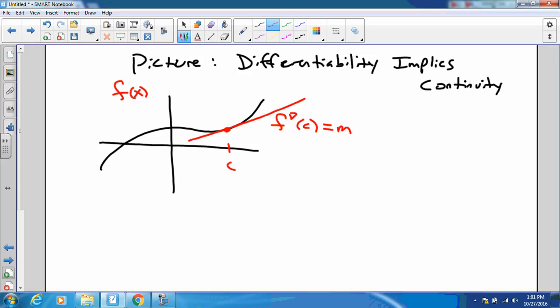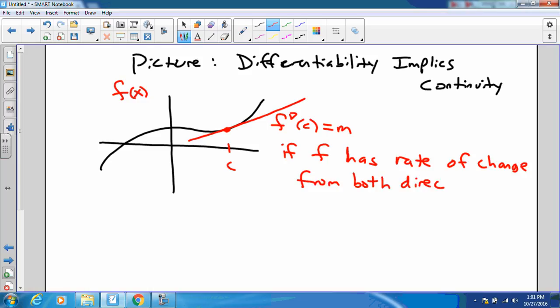Then what this means is that the rate of change of f from both directions at c has the value L. And because f has a rate of change from both directions, this means, therefore, that for x's that are very close to c, f of x is going to have to be very close to f of c in order for that rate of change to make sense.